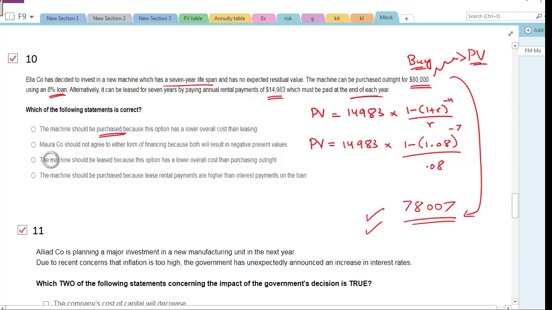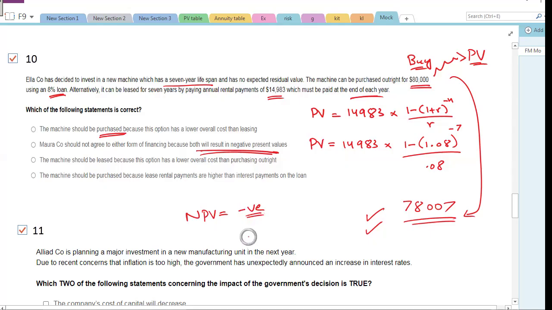The second one: Elaco should not agree to either financing because both will definitely give a negative NPV. Lease versus buy option will give you a negative NPV. Why?